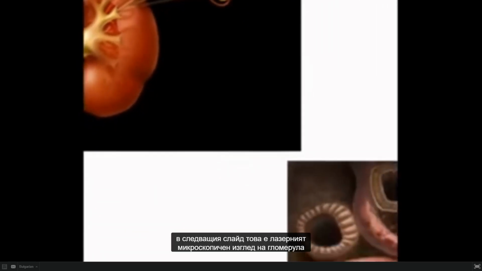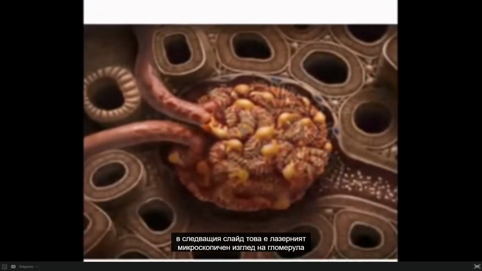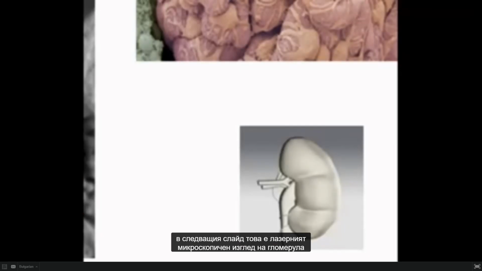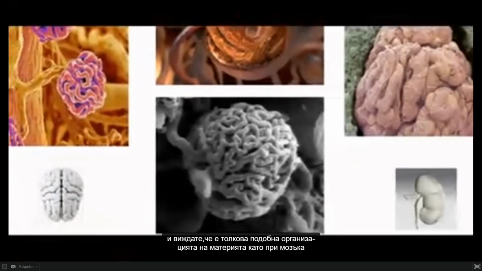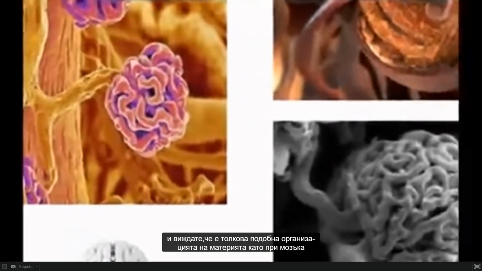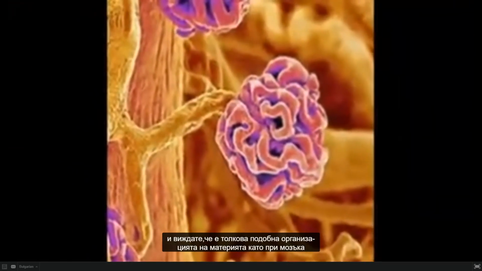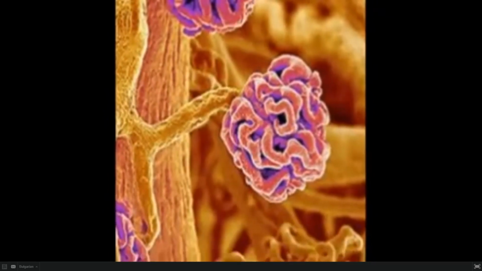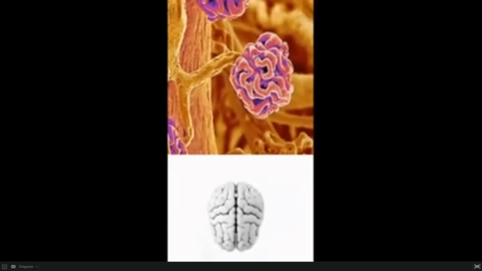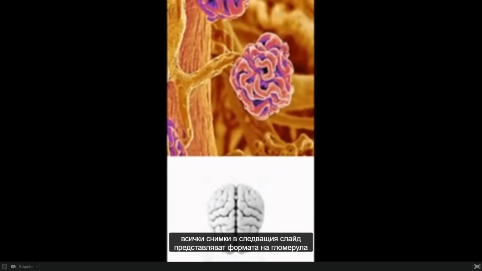In the next slide, this is the laser microscopic view of the glomerulus, and as you see, this is a similar organization of matter to our brain. All the pictures in the next slide represent the shape of the glomerulus.